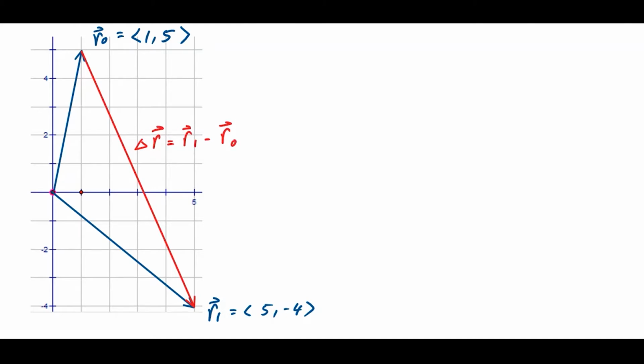You know what I'm saying? Say yes. Let's compute this. It turns out to be 4, -9, right? Say yes.